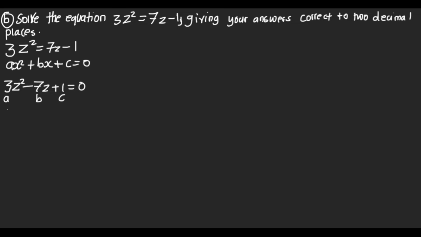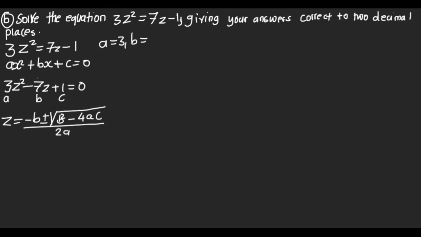So we know that the formula for the quadratic equation is x is equal to minus b, but instead of using x, we use z, since the variable used was z. So z is equal to minus b plus or minus the square root of b squared minus 4ac divided by 2a. So the a is the coefficient of z squared, which is 3.